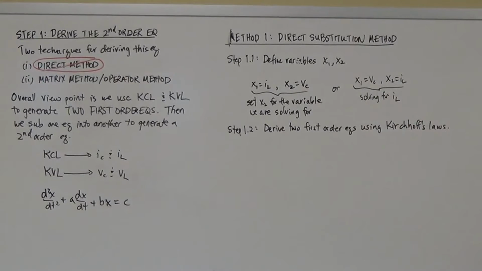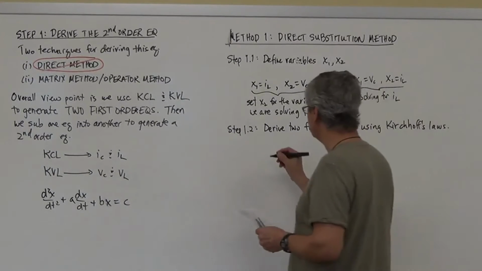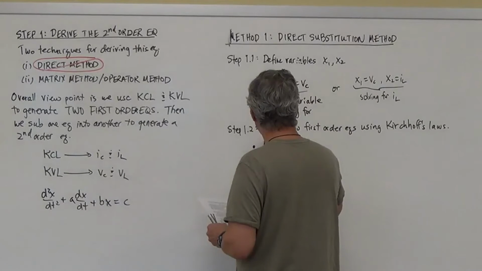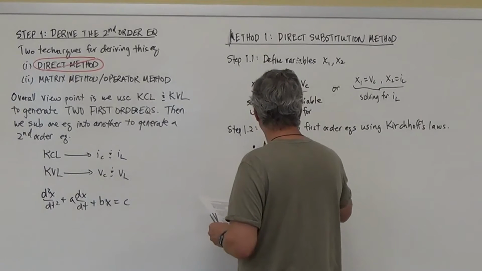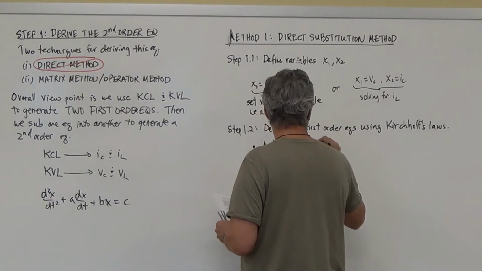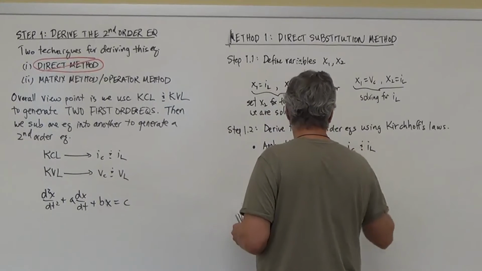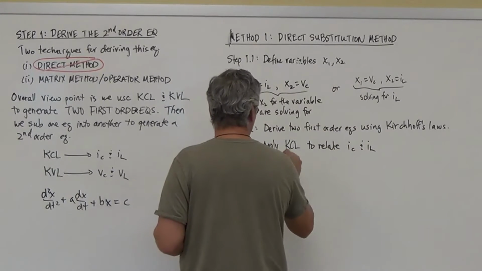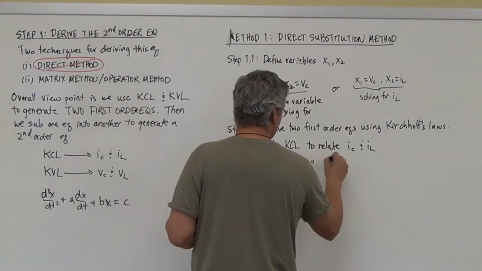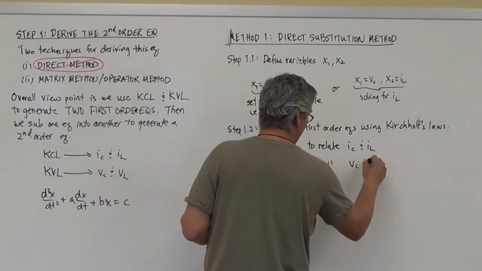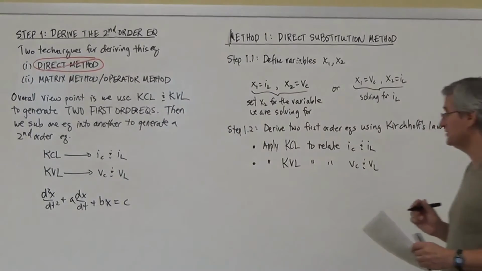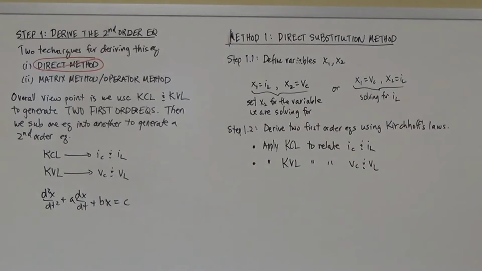So there's 3 steps here. The first step here is that you want to apply KCL to relate IC and IL. We want to apply KVL to relate VC and VL, just like we've talked about in the past.